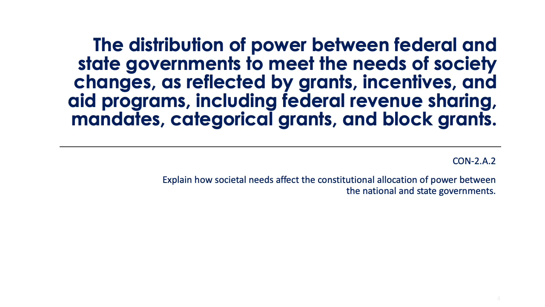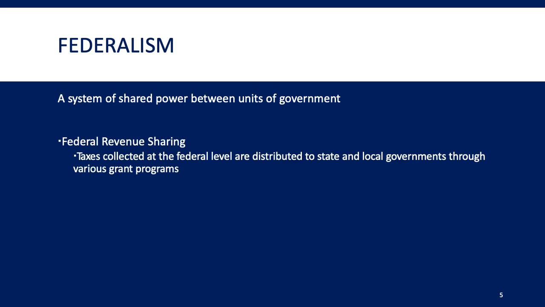We're going to look at different types of revenue sharing, mandates, and different types of grants. To start off, federalism is a system of shared power between units of government. So we as people are subject to federal, state, county, and city laws, ordinances, and taxes.